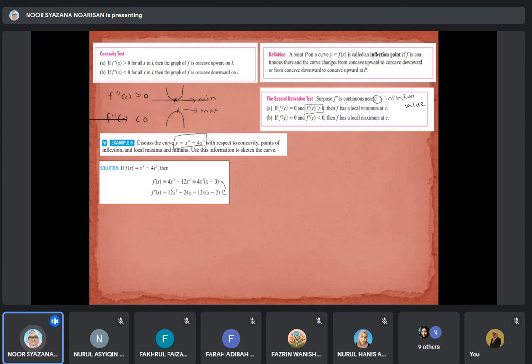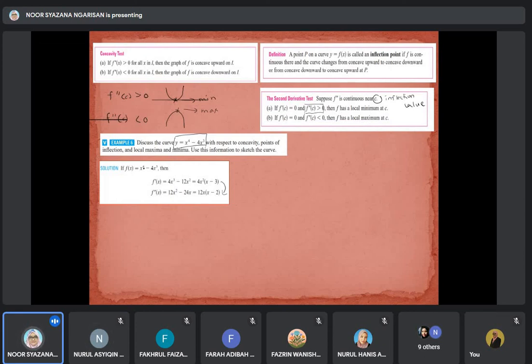Do you have problem to differentiate? Semua orang dah boleh differentiate dengan baik ke? Boleh, madam. Kalau setakat function macam ni nak cari first derivative, second derivative, ada masalah tak? Okay je, madam.